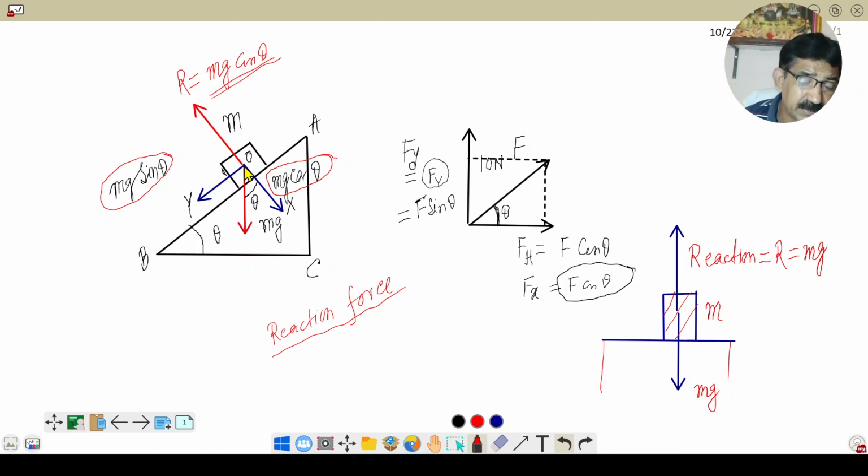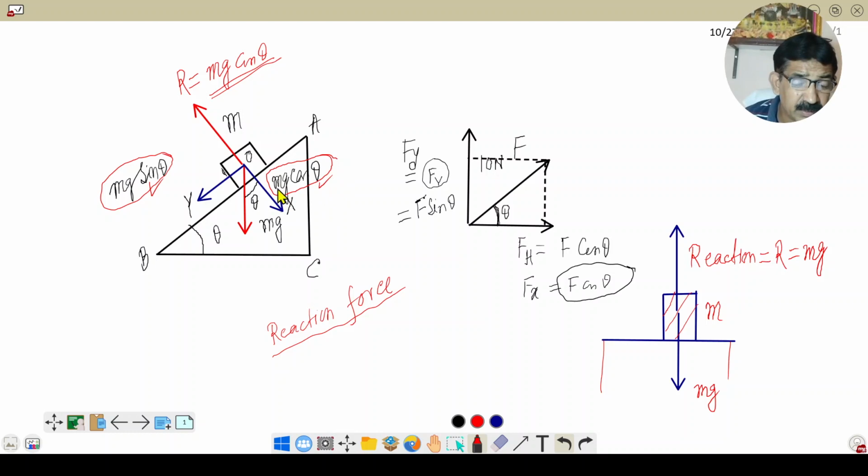The weight has been divided into two parts. One is equal to mg sin theta, and another is equal to mg cos theta. So when we consider these two forces, mg sin theta and mg cos theta, we have to forget about mg, because mg gives mg sin theta and mg cos theta.